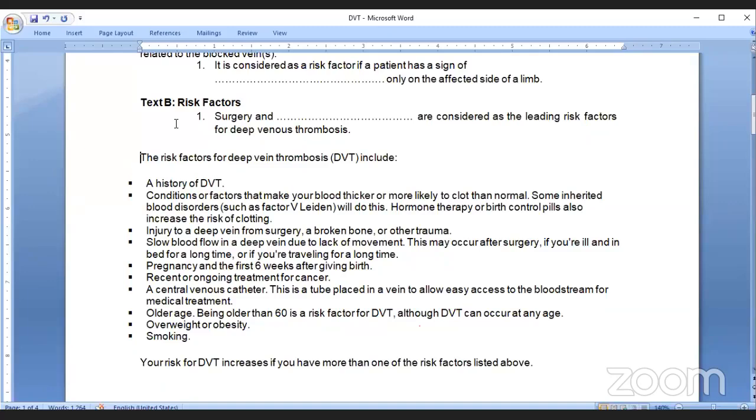Okay, I got the first answer, that is broken bone, on Facebook. And here I can see Dr. Israr Ahmad: slow blood flow in vein. Okay, surgery and dash are considered as the leading risk factors for deep venous thrombosis.